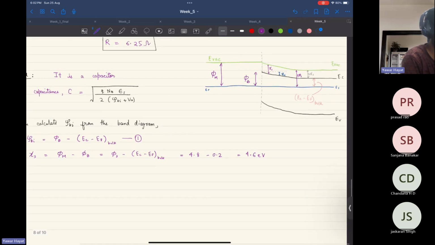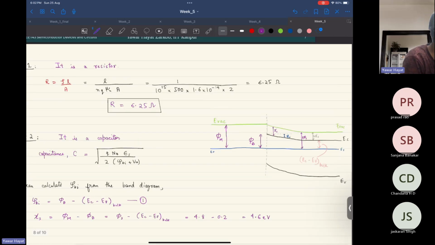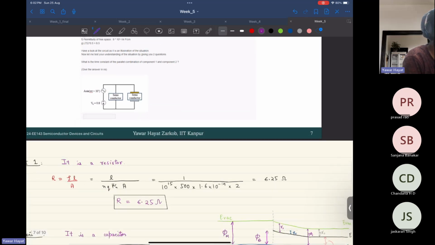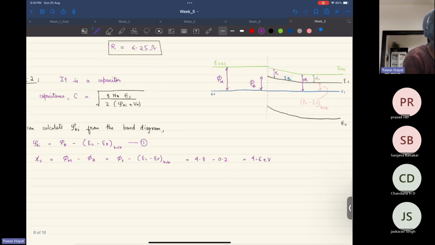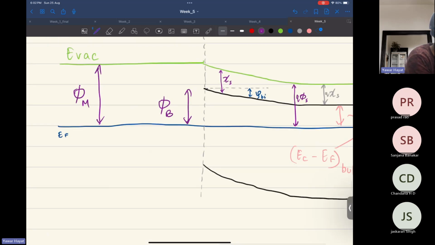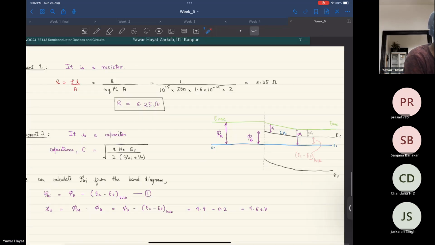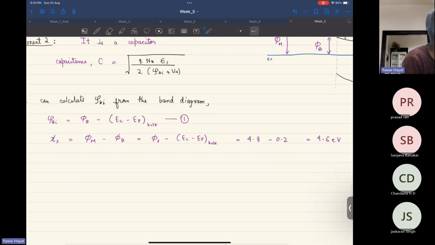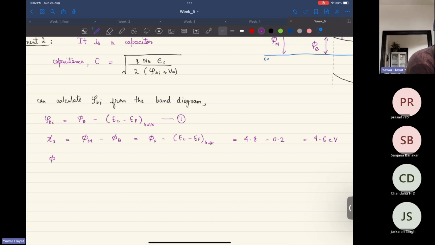So now we know chi-s, right? Remember, what is the objective? The objective is to calculate this particular quantity, right? So I'll write now the following. What is your phi b, the barrier height?